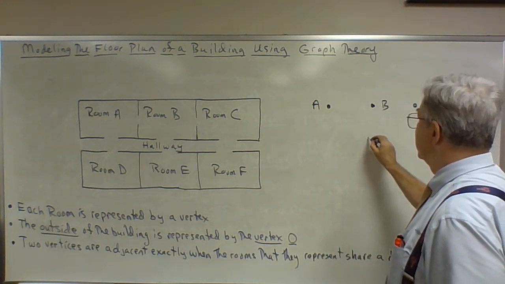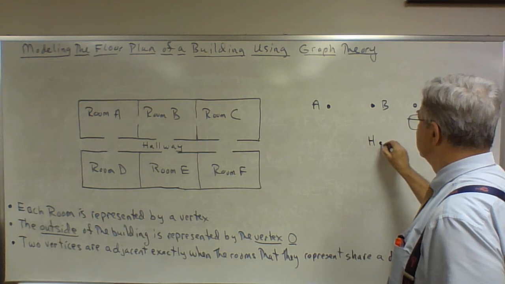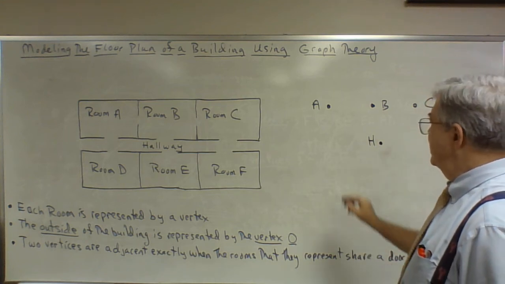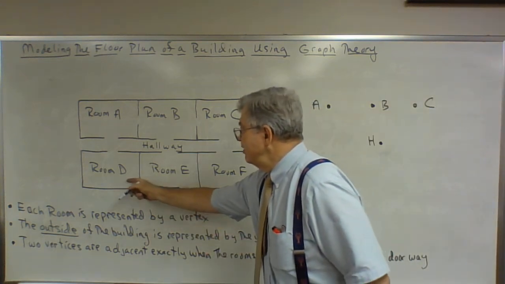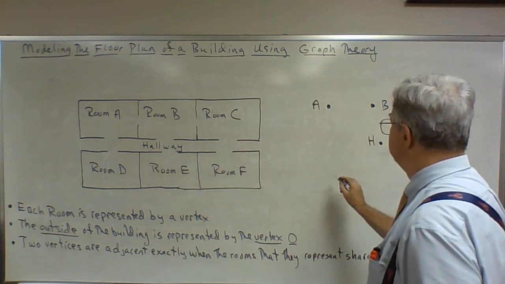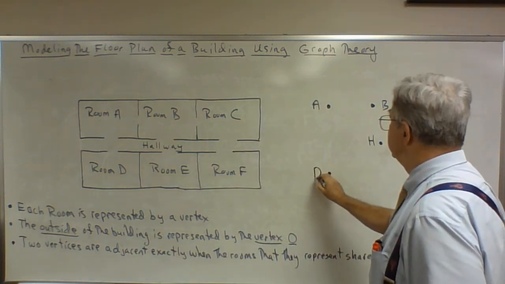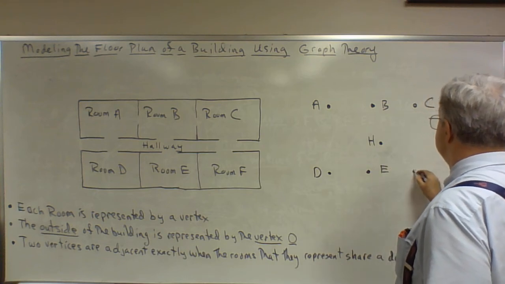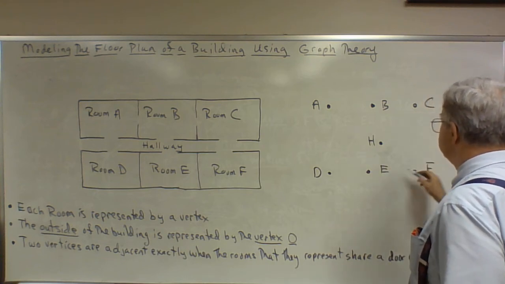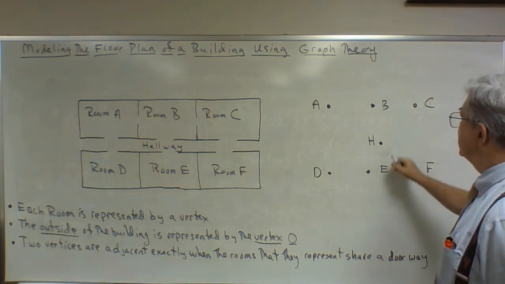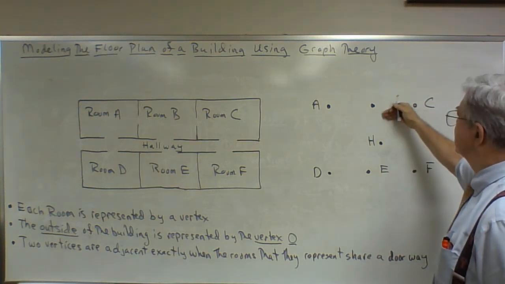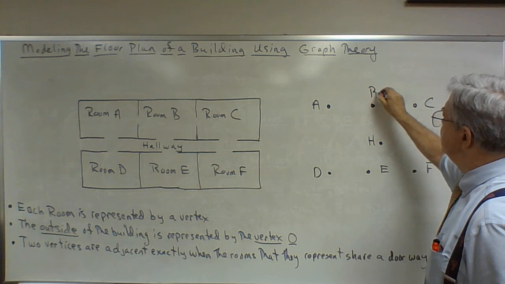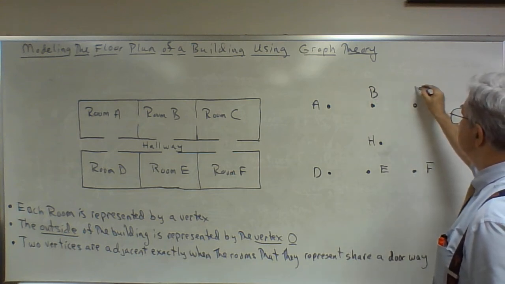And in the middle we have the hallway, vertex H. And then down here, room D, E, and F, vertex D, vertex E, vertex F. And maybe I should move my labels up here like this.